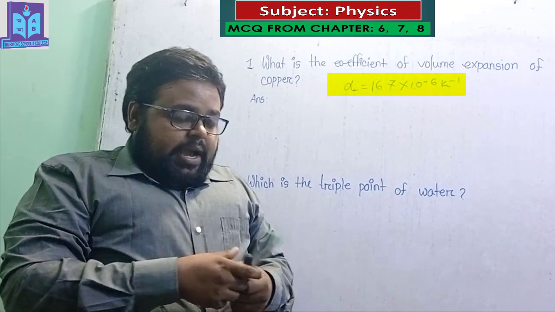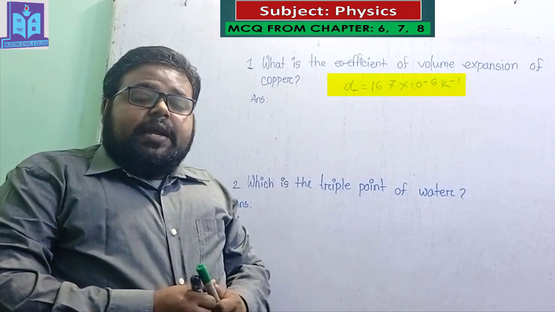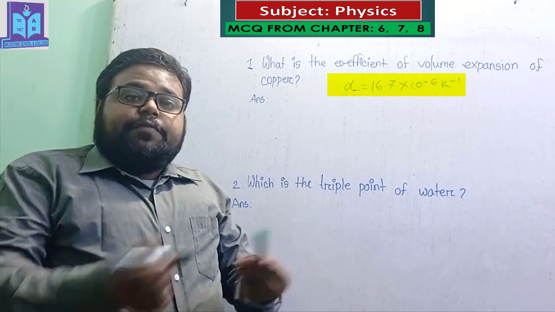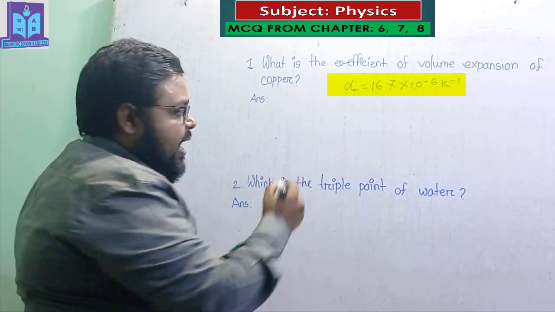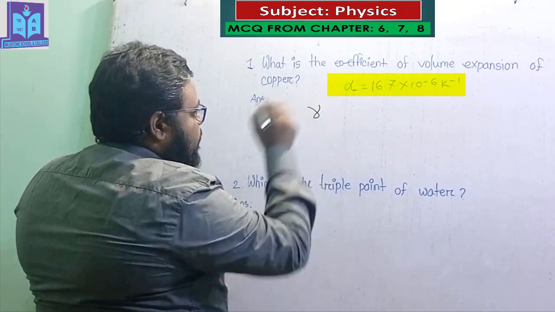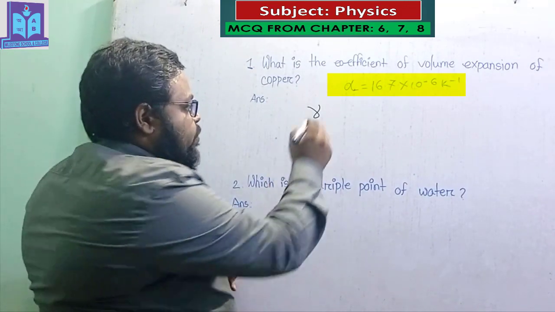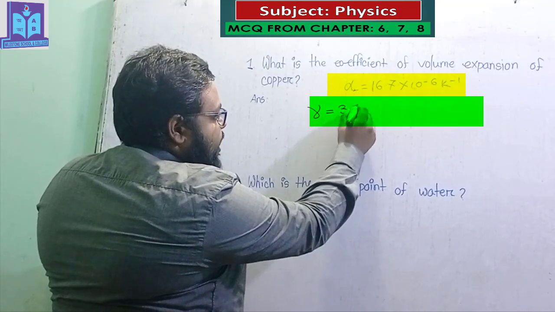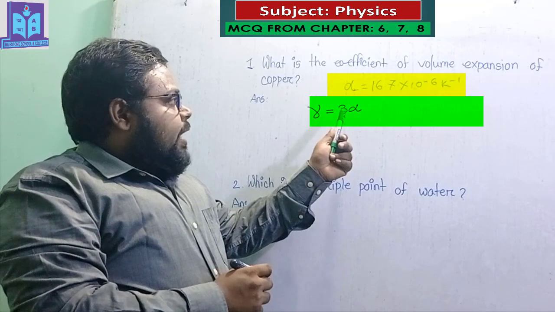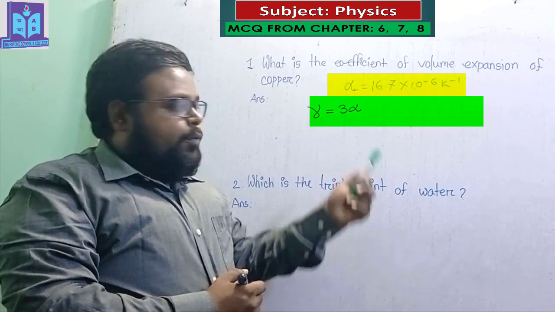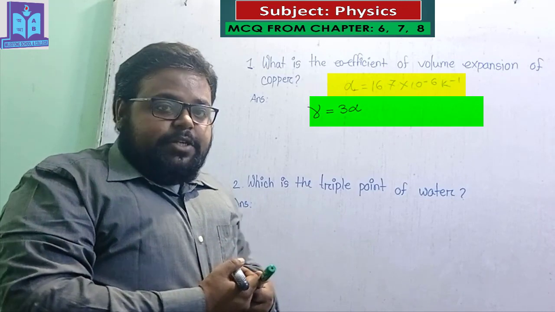And we know the relation between the coefficient of linear expansion and the coefficient of volume expansion: the coefficient of volume expansion gamma equals 3 alpha. That means if we multiply the coefficient of linear expansion by 3, we will get the coefficient of volume expansion.